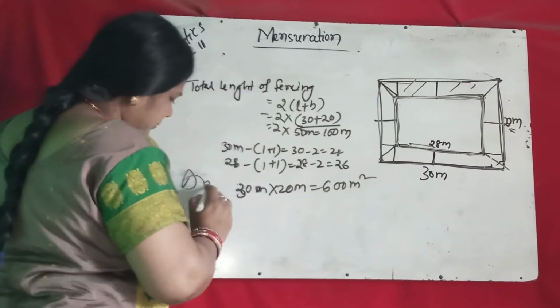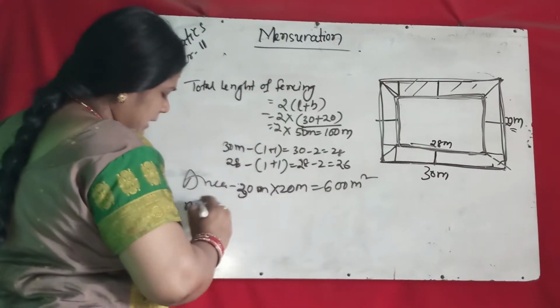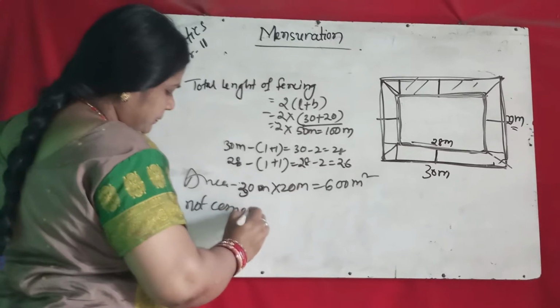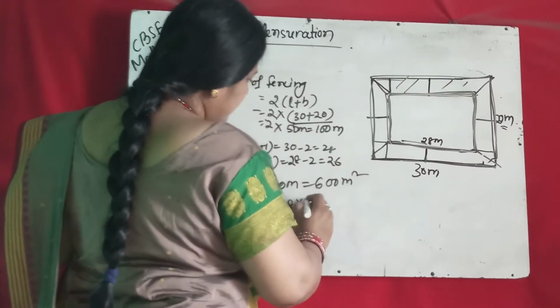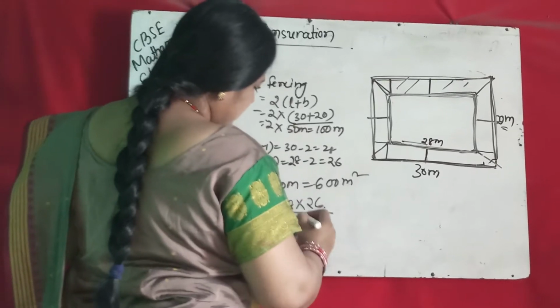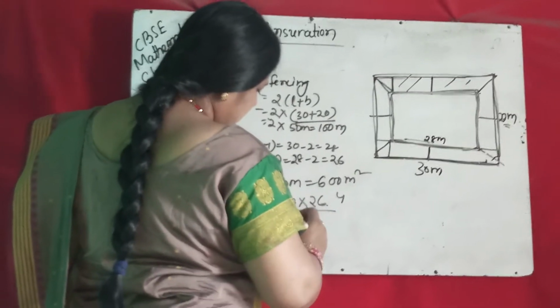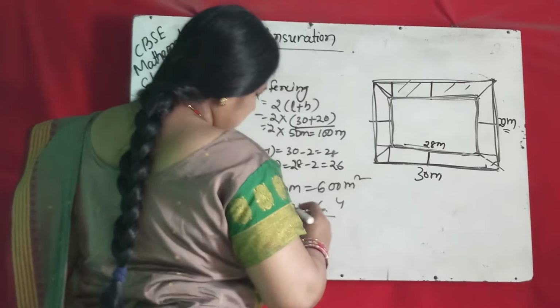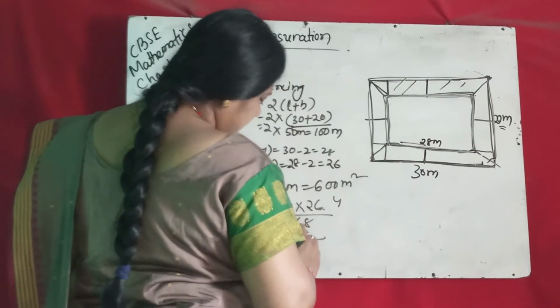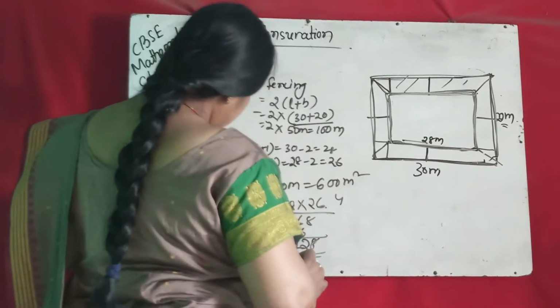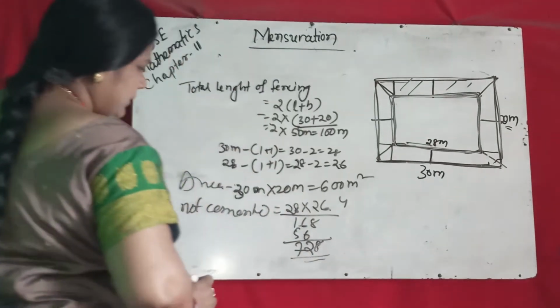The not cemented part equals 28 into 26, that is 700 not cemented.